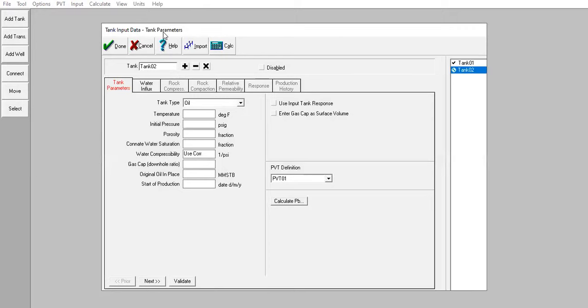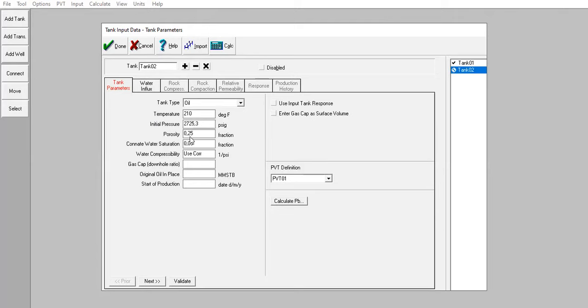All right, so for the second tank, for the second reservoir, you can follow me again. Tank type, oil, temperature 210, initial reservoir pressure 5.3, with porosity 0.25, connate water saturation.